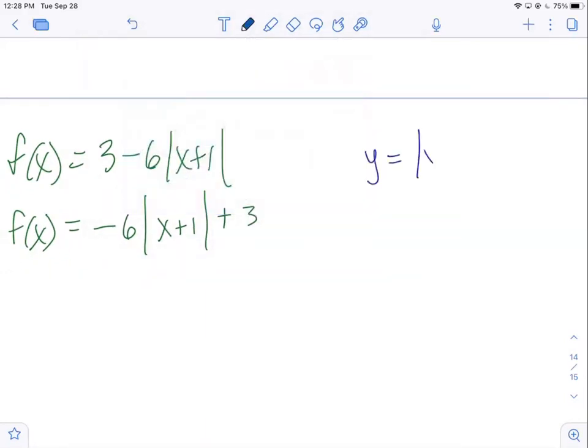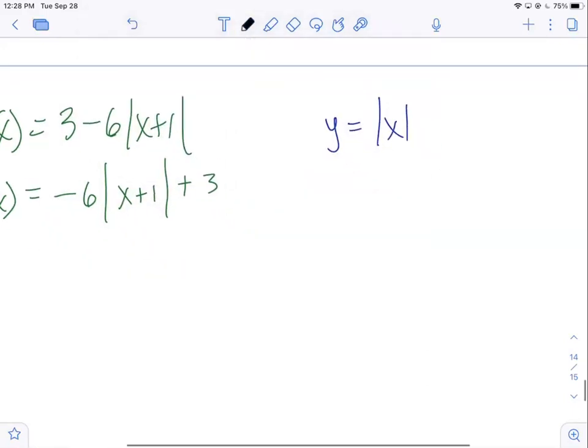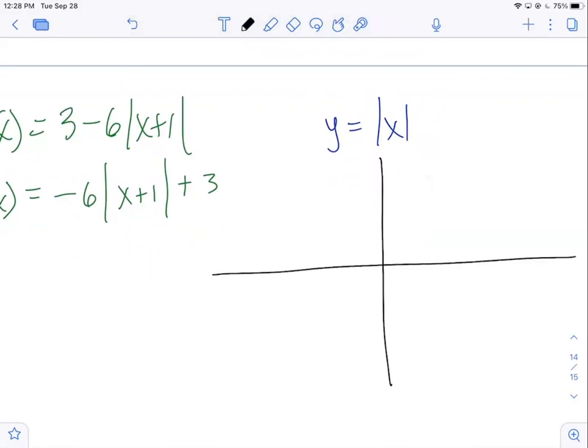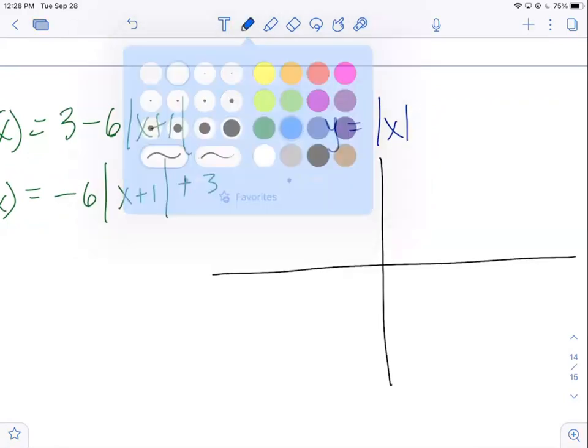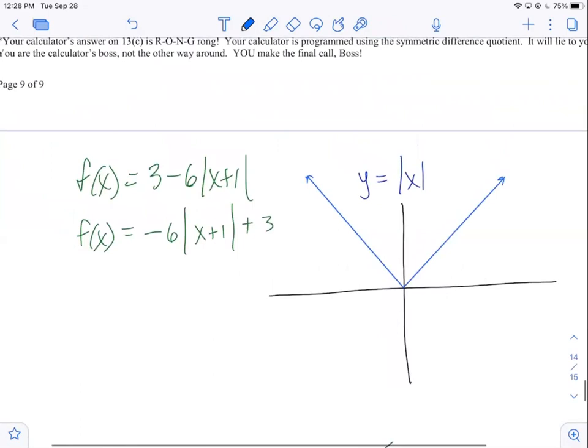That's y equals absolute value of x, and of course, that's your V for victory graph, right? That's the graph that comes in at a 45-degree angle here, and it leaves at a 45-degree angle there. So we know by default it has a slope of -1 coming in on the left and +1 on the right.